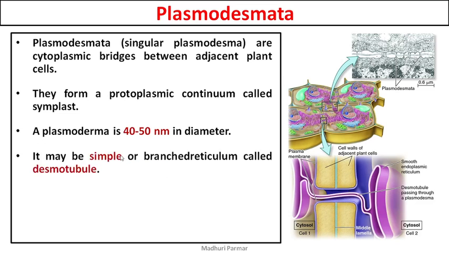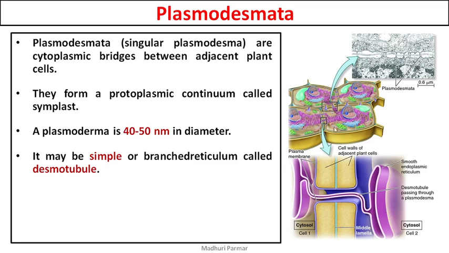It may be simple, here what you see is very simple, or branched, reticulum. Branched meaning instead of this one there will be multiple branches. Now let us come to this point. What is this one thing you can see in the pore? This is actually smooth endoplasmic reticulum.